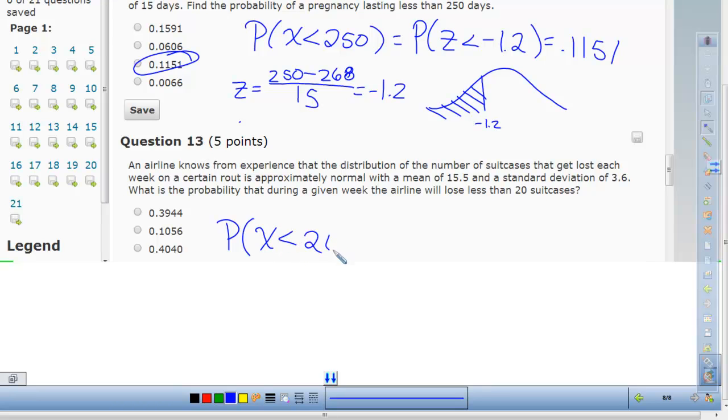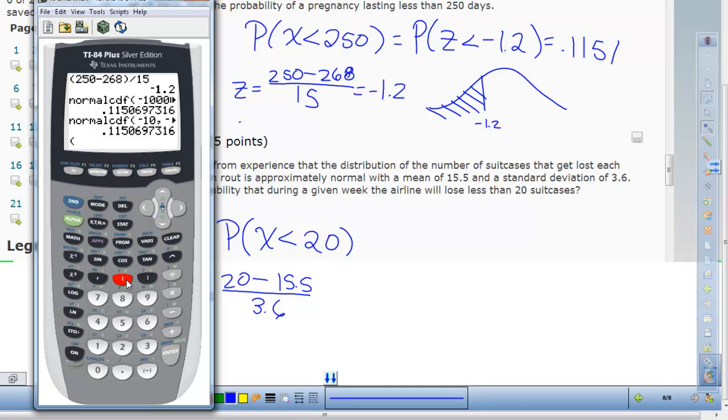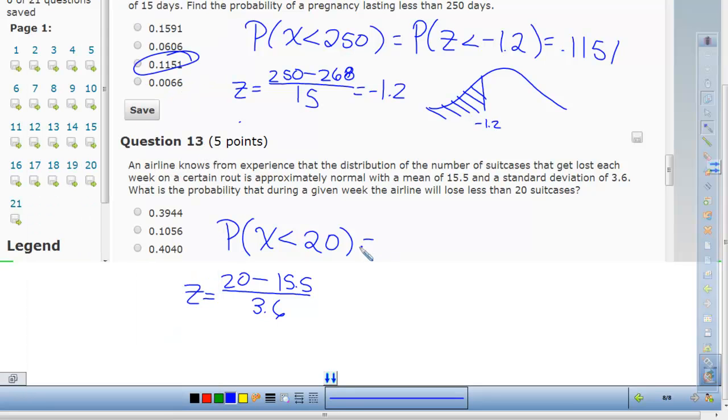So we're interested in the probability that x is less than 20. I can convert that to a z-score. We get 20 minus 15.5 divided by 3.6. All right, 1.25, very good. So this is the probability that z is less than 1.25.